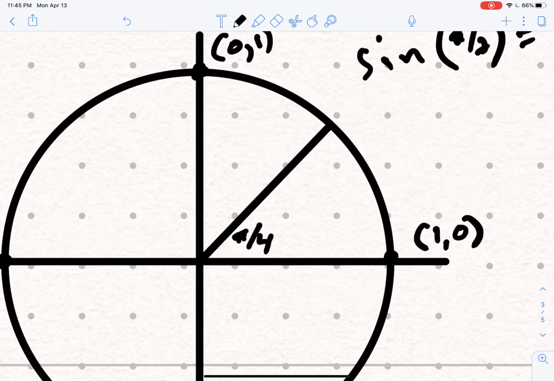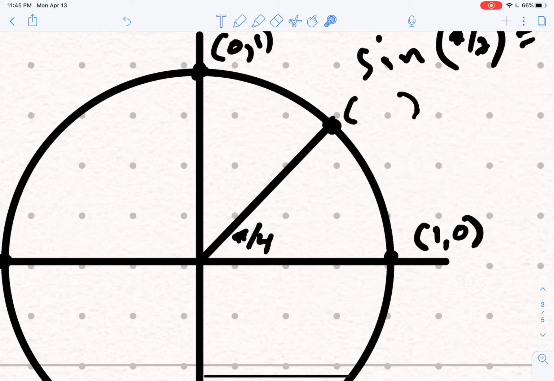The corresponding point that we get on the unit circle, we're wondering what its coordinates are. We would like to fill in the coordinates. If we can fill in the coordinates of this point, the x-coordinate of this point will be the cosine of this angle, and the y-coordinate will be the sine of this angle.